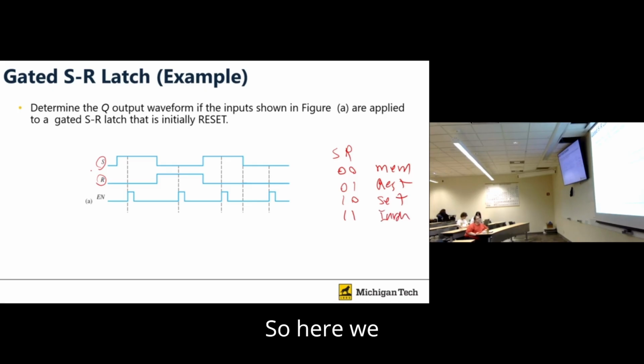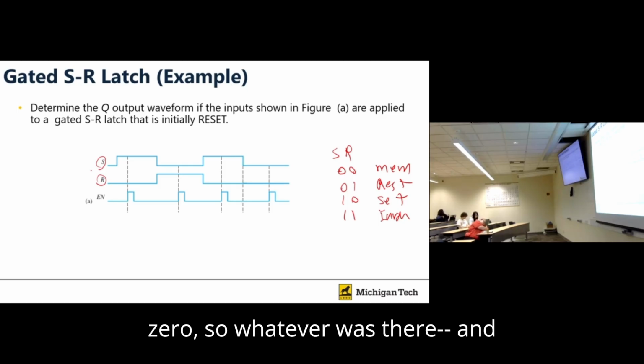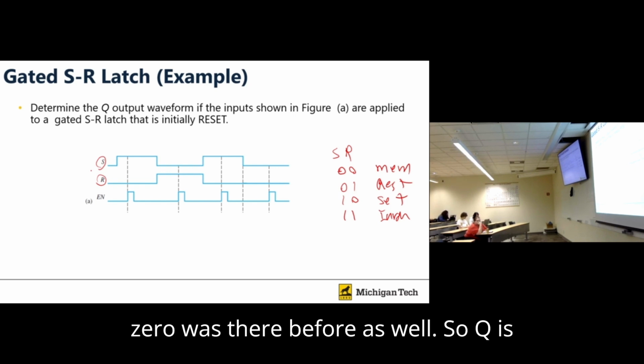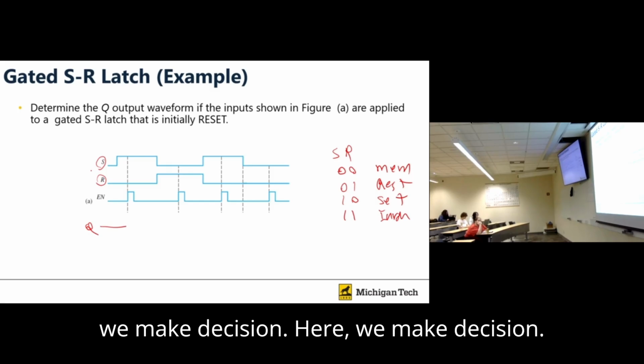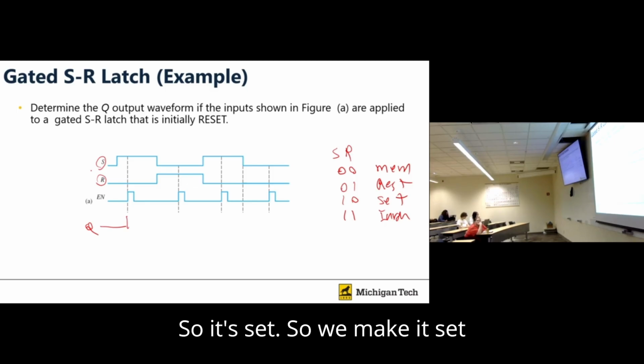So here we have enable at 0, and it was 0 before as well, so Q stays whatever it was. Here we make a decision. Here we make a decision. So it's set, so we make it set, and it stays.